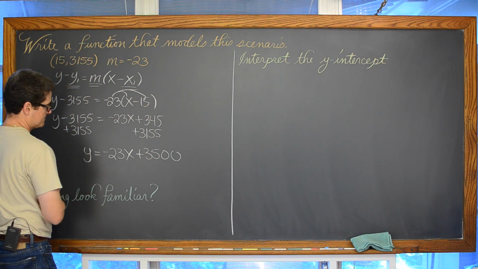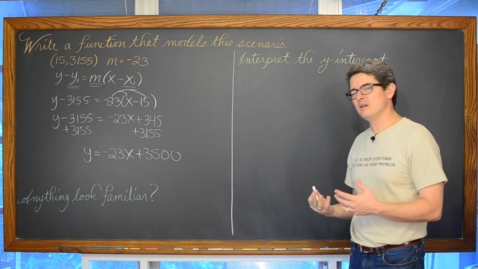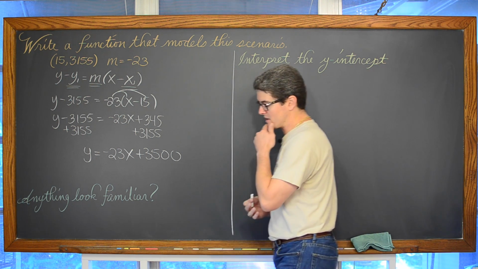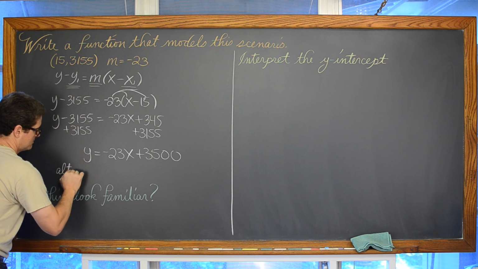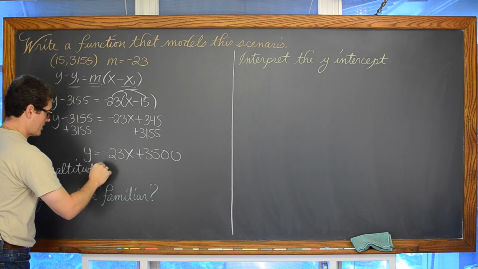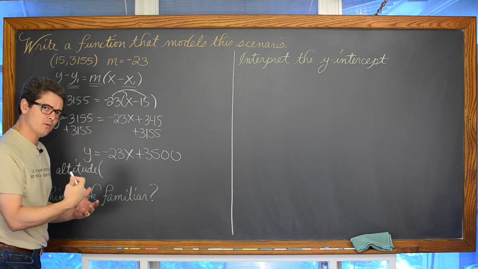And this, at least in terms of x and y, is the function representing this skydiver's altitude. Or we can say that her altitude, that's the dependent variable, right? In terms of the time period going by was in terms of seconds.